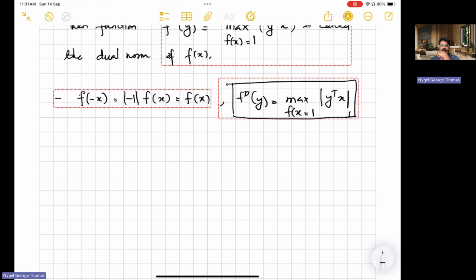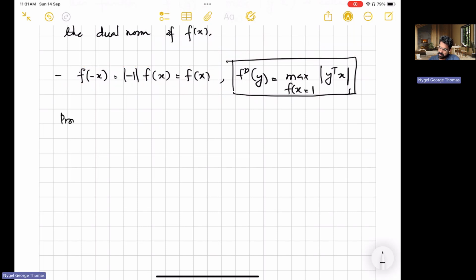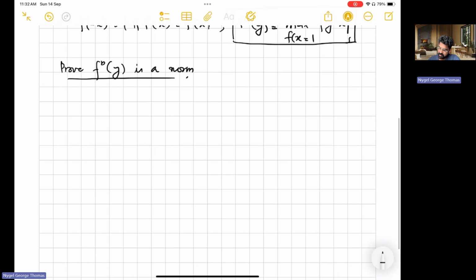So let's try to prove that this dual norm is a norm. Prove fd of y is a norm. The first thing to prove is non-negativity.